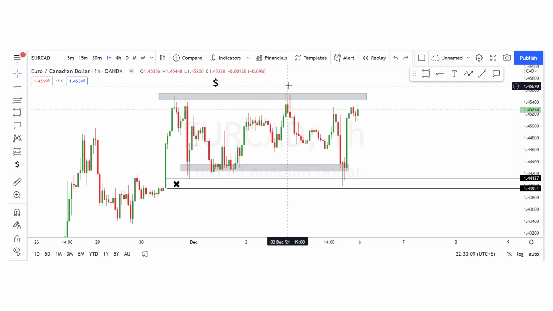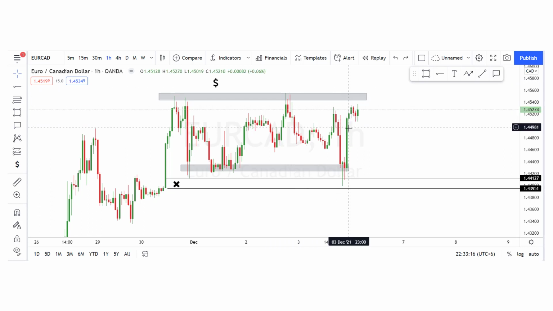Now the question is, when do we take entry for this trade? If you look at this candle right here, we can see that it left some imbalance right here, and we know that price will always try to fill up this imbalance at least up to the 50% area.